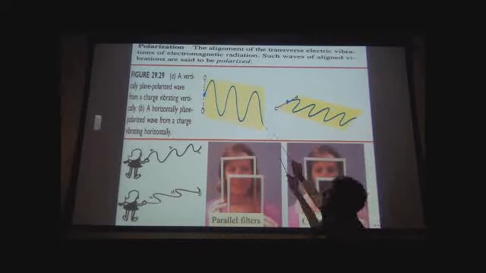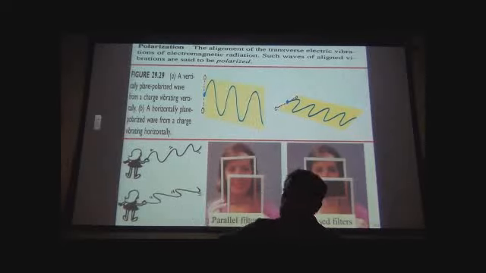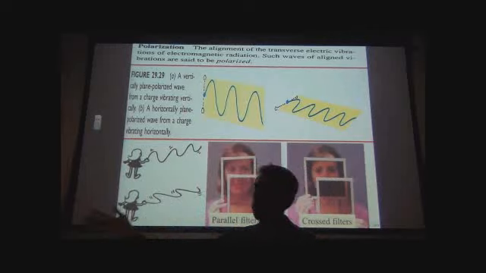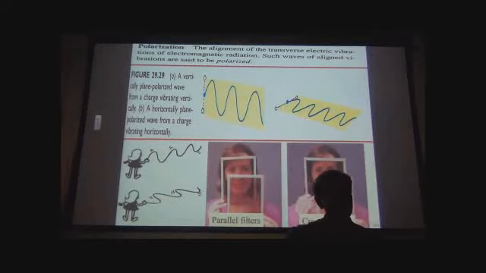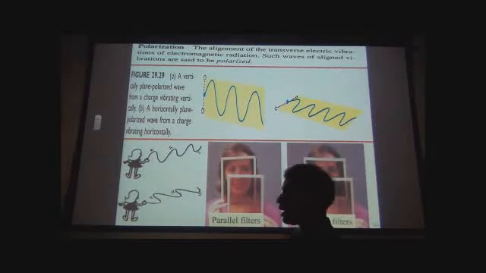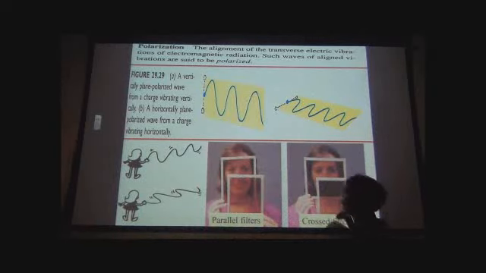Considering just the electric component, if you created this wave by taking an electron and bouncing it vertically, you end up with a vertical electric wave. That's here. Instead of bouncing the electron vertically, I bounce it from side to side, horizontally. Now the electron oscillates like this, creating an electric wave that's oscillating horizontally.